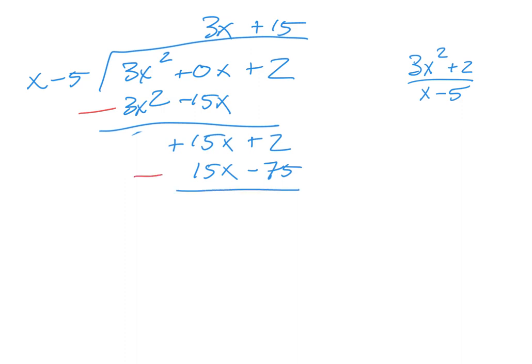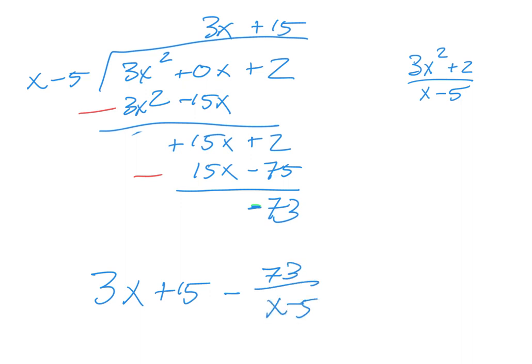Subtract everything, and I'll have 15x minus 15x is 0x. 2 minus negative 75 is, I'm going to go blue, negative 73. So I have a remainder, so that means my final equation is going to be 3x plus 15 minus 73 over x minus 5. So it's a remainder of this out of that.